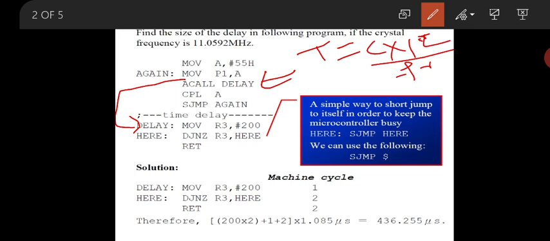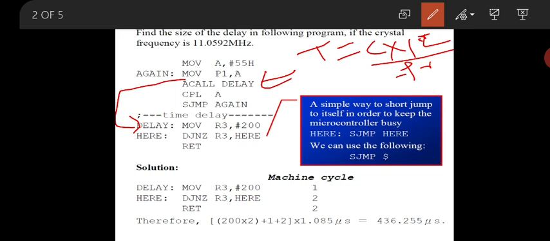In this delay program, the very first line is MOV R3, 200. The second line is DJNZ. What is the content of R3? 200, a decimal 200. DJNZ decrements the content of R3 by 1: 200 minus 1 is 199.